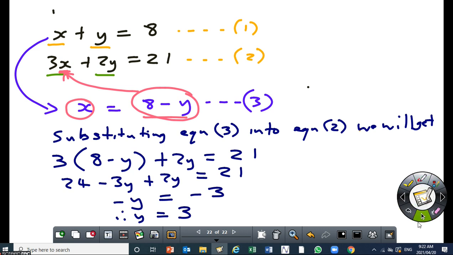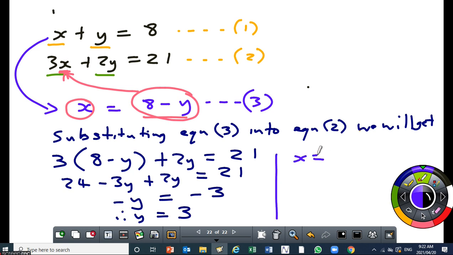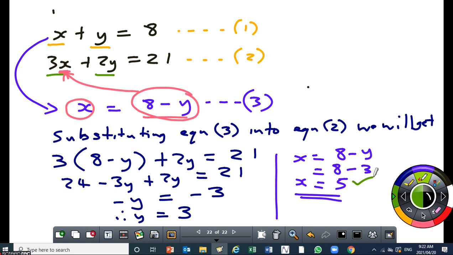So to solve for x, I'll go back to equation 3. It's x equal to 8 minus y. But my y is equal to positive 3. So my x is going to be positive 5. So I have my two answers. Those are my two answers. So y is equal to 3 and x is equal to positive 5.